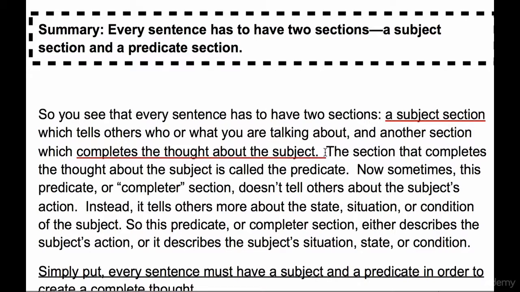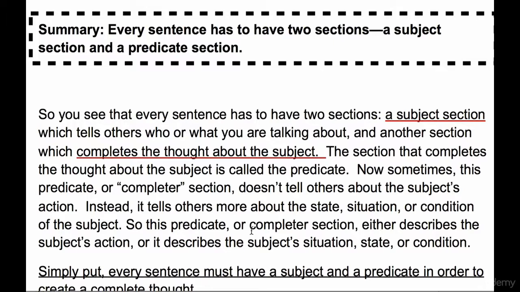Now, sometimes this predicate or completer section doesn't tell others about the subject's action. Instead, it tells others more about the state or the situation or condition of the subject. So this predicate or completer section either describes the subject's action or it describes the subject's situation, state, or condition. Let me repeat that.